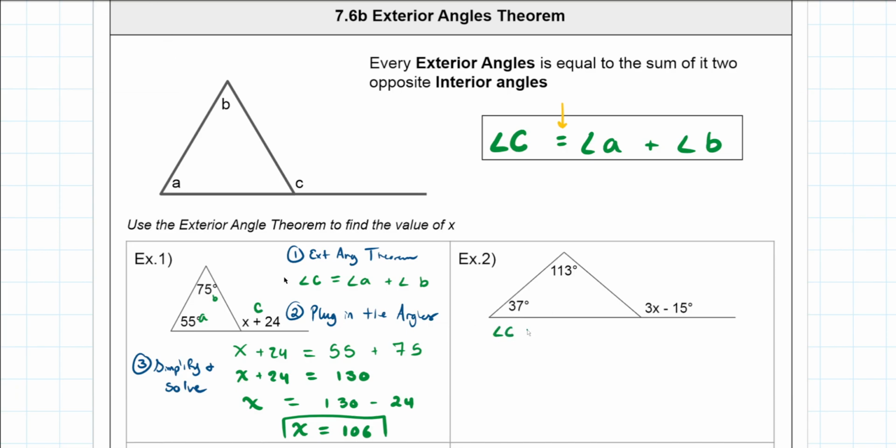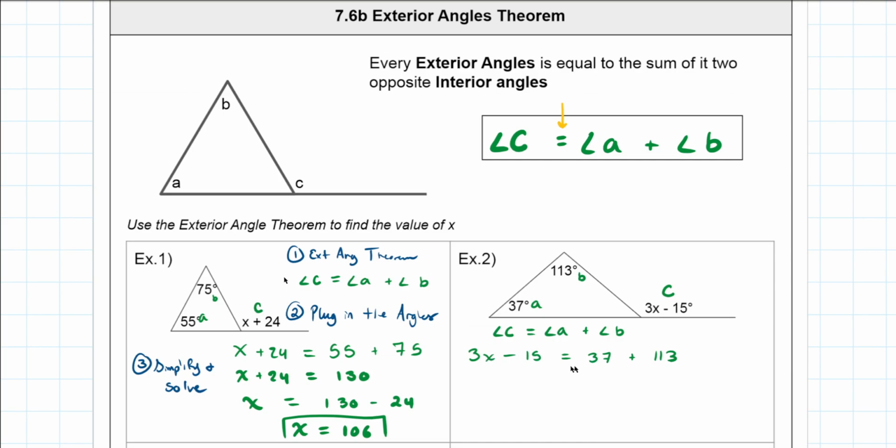Angle C is equal to angle A plus angle B. Again, angle C is picked out for us, so we don't have any say in that matter. But we can choose between which one we want for A and B. But again, it really doesn't matter. All right, C: 3x minus 15 is equal to 37 plus 113.